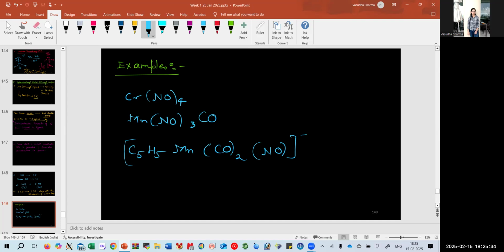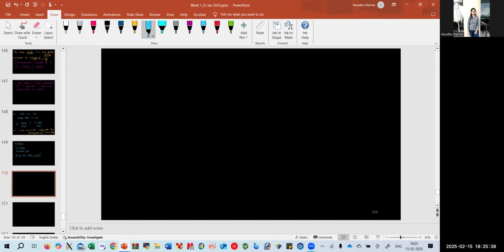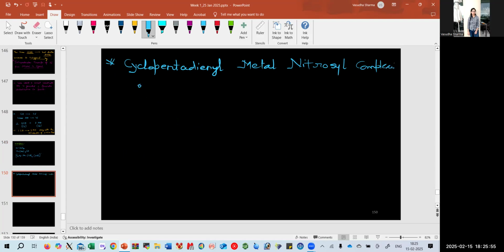So there are many more. So these are certain examples. Now we'll be talking about their preparation. So we have cyclopentadienyl metal nitrosyl complexes, their preparation. So how these complexes are being prepared?